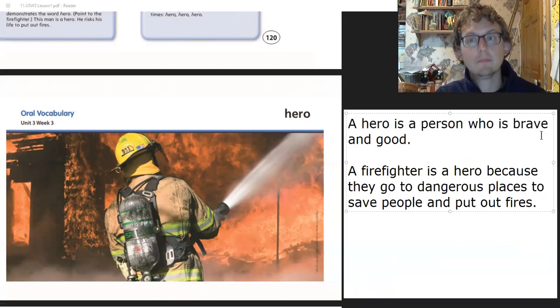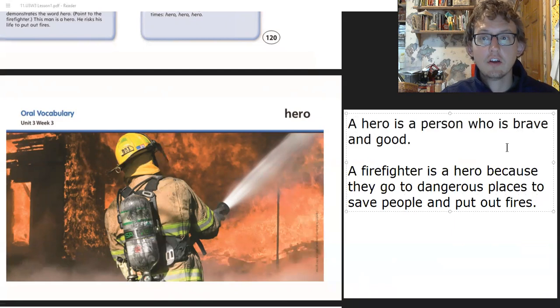If you're brave, it means you do something that's hard or something that's dangerous. So this guy or girl is a hero because they are helping people and they are in danger because the fire is so hot and they could get hurt, right?